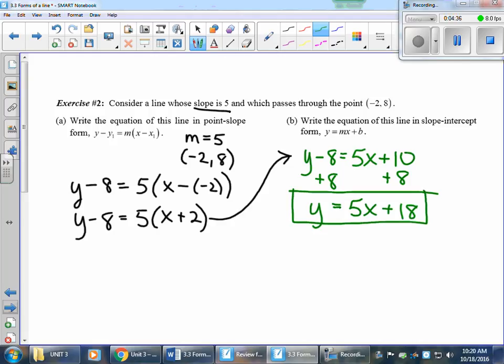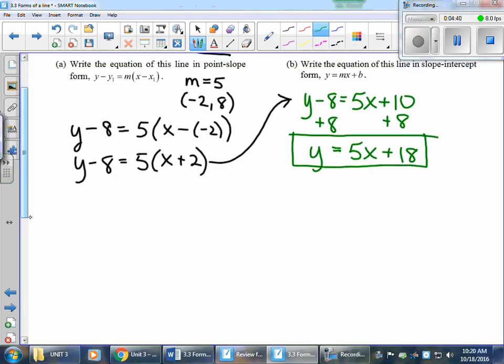Now, could you have done it a different way? Absolutely. Right from the beginning, you could have said, well, I know the form of a line is y equals mx plus b. I know that y is equal to 5x plus b. And I know the point that's on this line is (-2, 8).